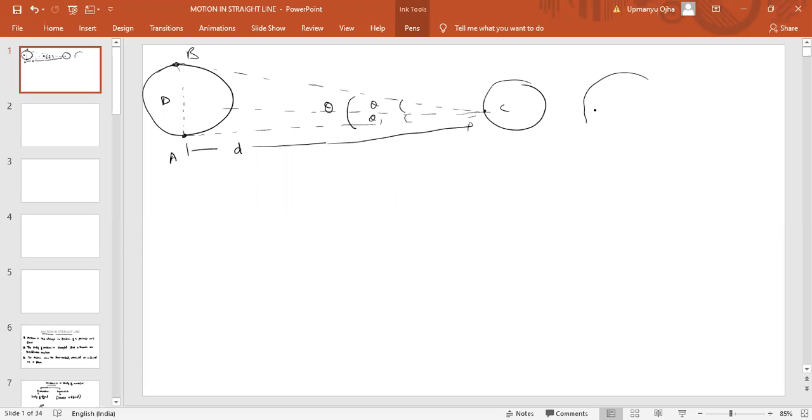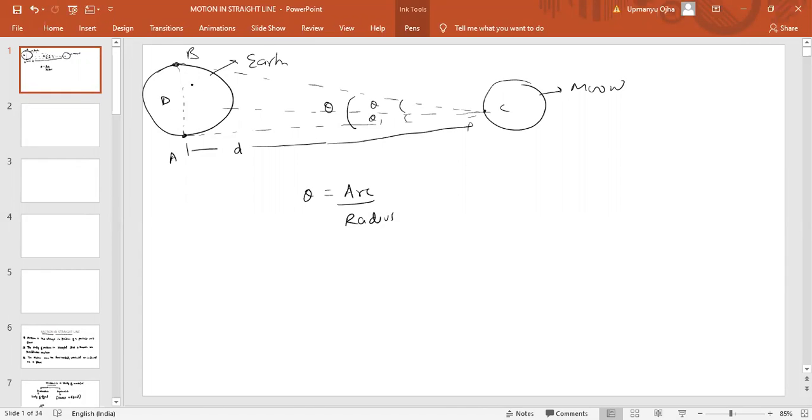I told you that plane angle theta is equal to arc by radius. Here the radius is the distance between the Earth and the Moon, small d, and the arc here will be capital D.